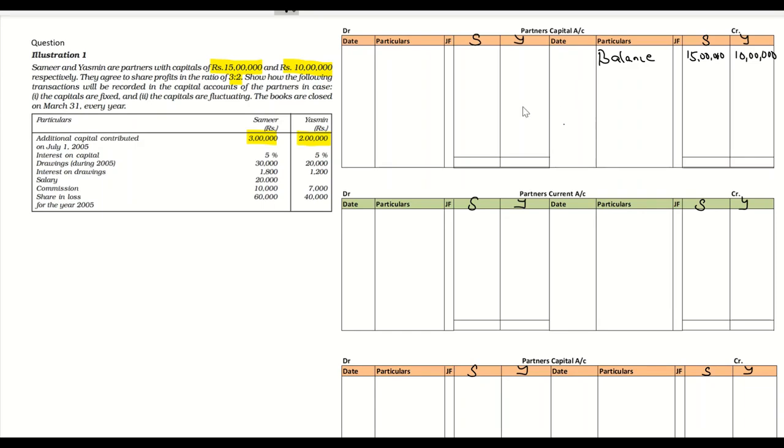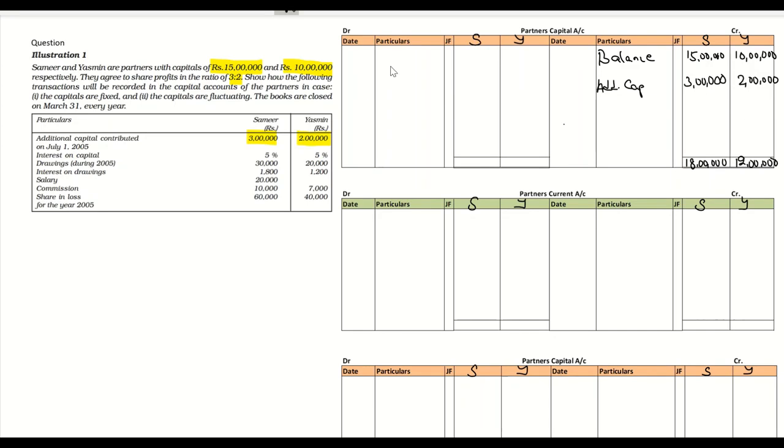Then we have an additional capital of 3 lakhs and 2 lakhs, which brings the total of this partner's capital account to 18 lakhs, and here it is 12 lakhs, 10 plus 2.